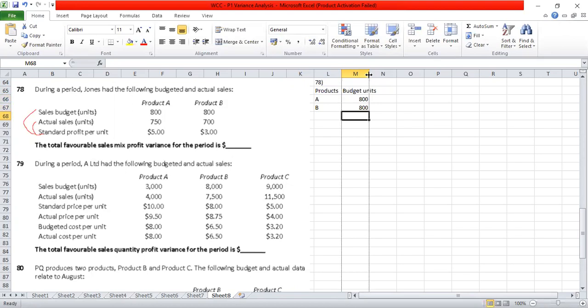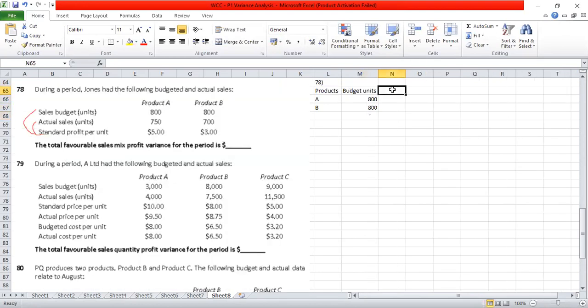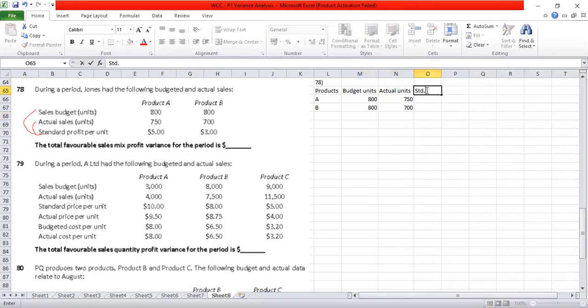Then the actual units are also given, 750 and 700. The other details we have are the standard profit, which is 5 and then 3.